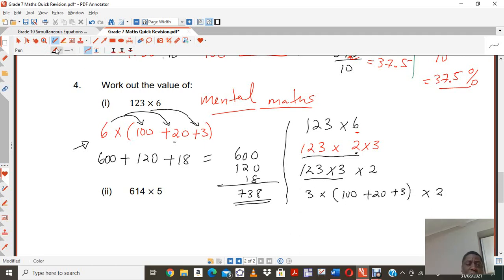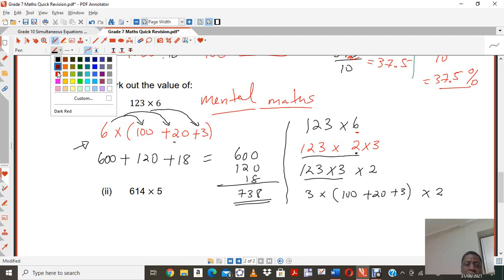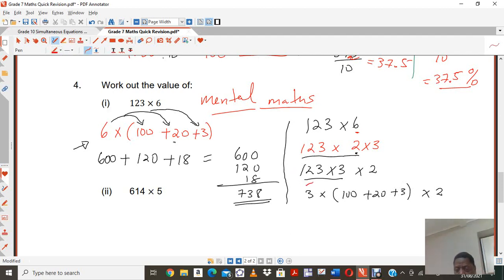Now, when you multiply out, remember you are trying to work from a certain perspective. So you're going to say 3 times 100, that is 300. Then you say 3 times 20. Now remember that's going to be 60. And then you have 3 times 3, which is 9. Okay, so I'm going to double that answer. So once you add this, you get 369.